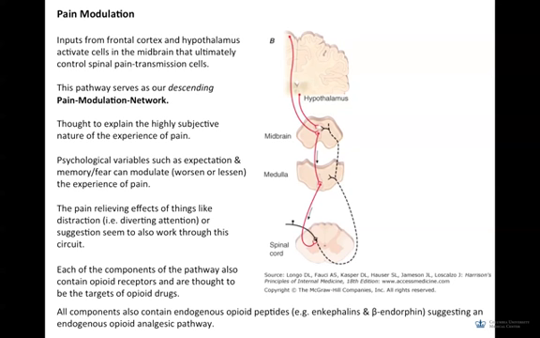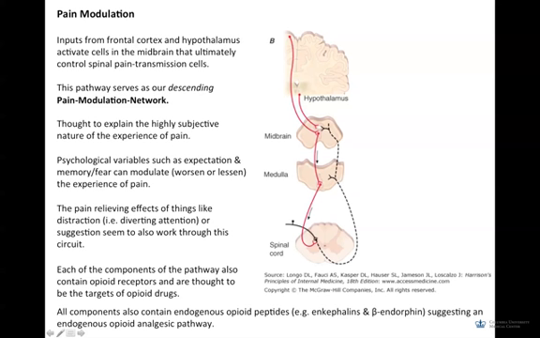Now, we also have a descending pain circuit. Now, this descending circuit is not producing pain so much as it modulates a pain message. So we actually have inputs that originate in that frontal cortex, that part of the brain that allows us to think. We have descending portions from the frontal cortex and also the hypothalamus that relay to the midbrain and then down to the medulla, and it ultimately is going to control the spinal pain transmitting cells.